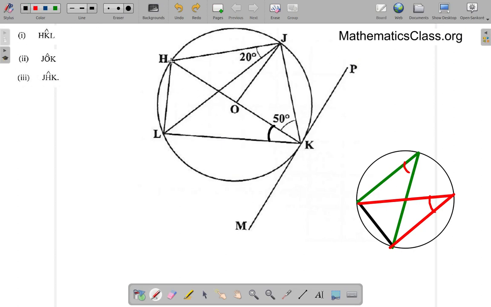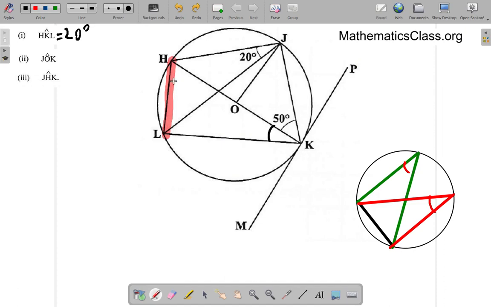Now, the angle that we want to find, HKL, is lying on the chord HL. Do you see any other angle lying on that chord in the same segment? You would be right if you said this, HJL, 20 degrees, alright? So what you would say is that HKL equals 20 degrees.